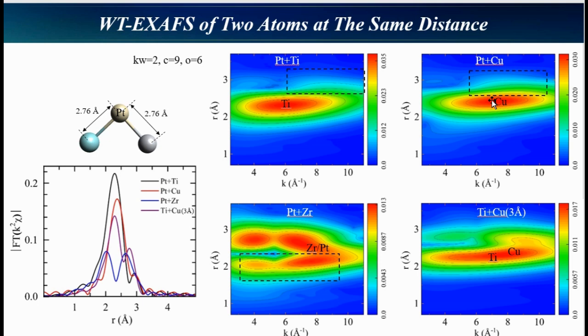The discrimination between platinum and zirconium is clearly shown by the wavelet transform EXAFS. The difference of bonding lengths for titanium and copper can also be described by the wavelet transform EXAFS.